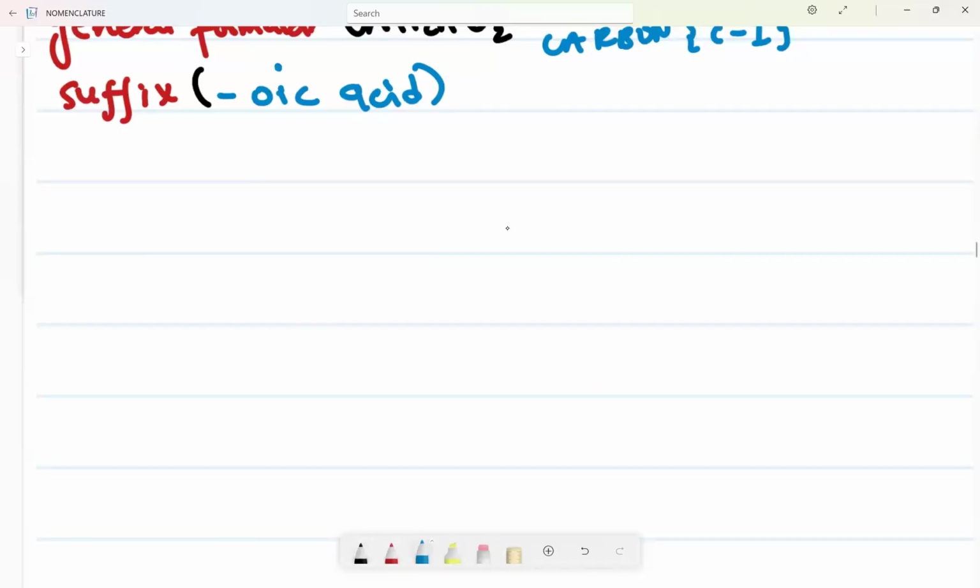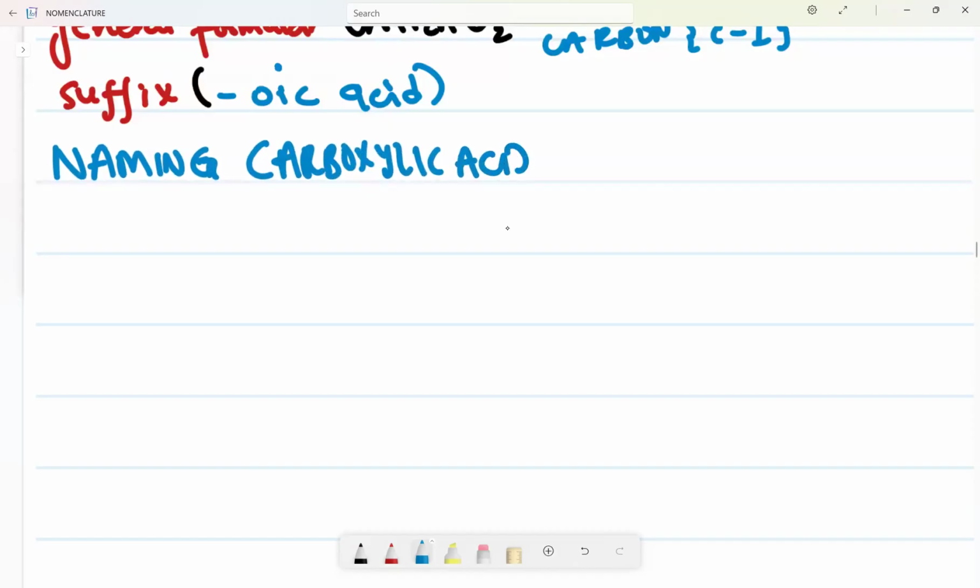Now let's look at naming carboxylic acid. It is not difficult. We prioritize the COOH, the C double bond OH.